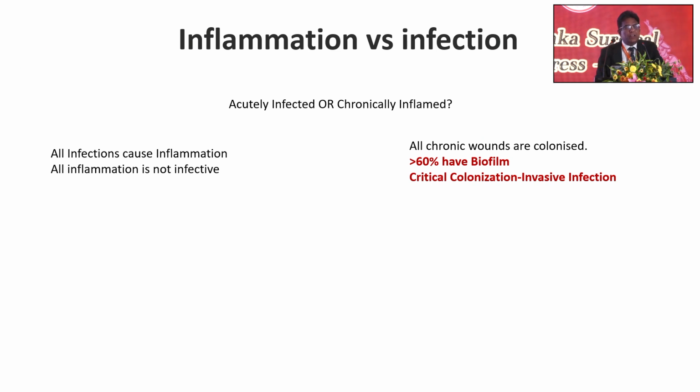So we need to understand that all infection results in inflammation, but all inflammation is not necessarily associated with infection. Right? And all chronic wounds are colonized. And over 60% have been estimated on electron microscopy to have biofilms. And critical colonization going on to invasion, invasive infection, is what we can recognize from the appearance of the wound and the other clinical features.